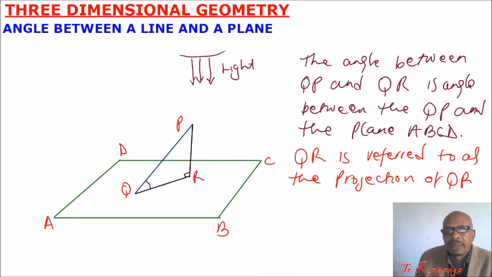So QR is a projection of PQ, or in other words, if you take PQ here and drop it like that, it will fall on its shadow. So the shadow is the one that we are referring to as the projection. If you drop PQ like the way I'm doing here, you'll be able to get the projection.